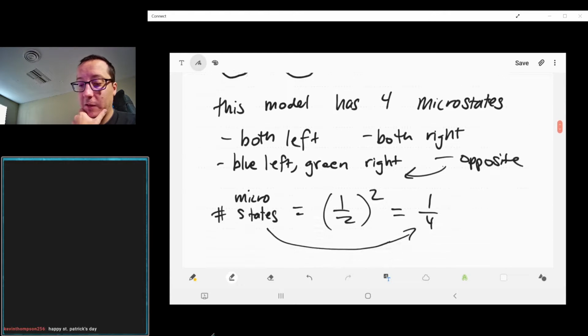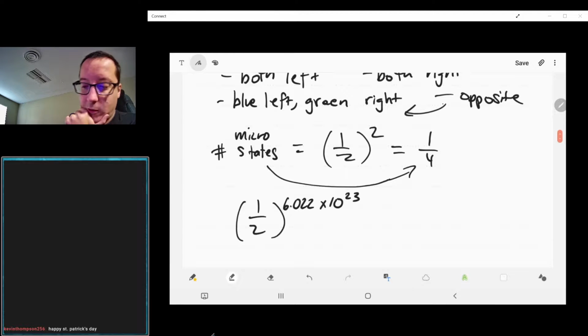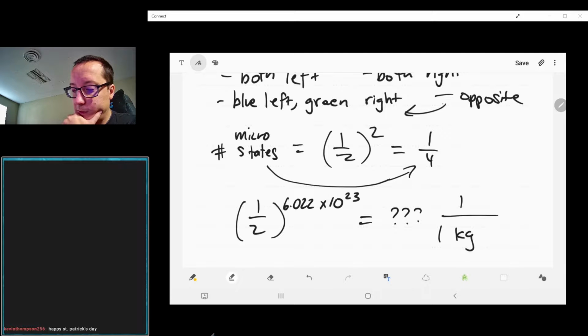And if we expand this to a mole instead, it's a really, really small number, right? 1 over 1 kajillion. Whatever that happens to be, fine. 1 to the... I don't even know.